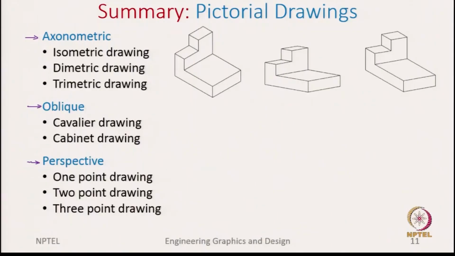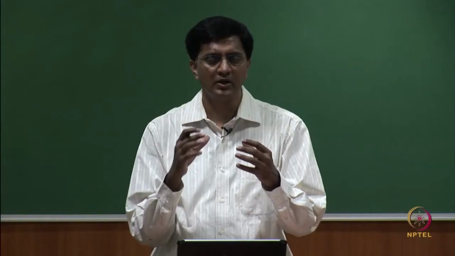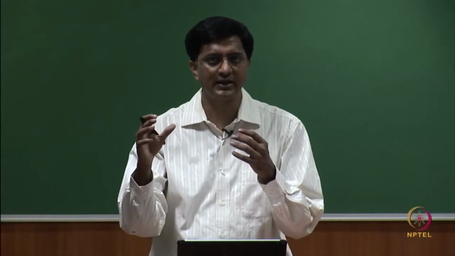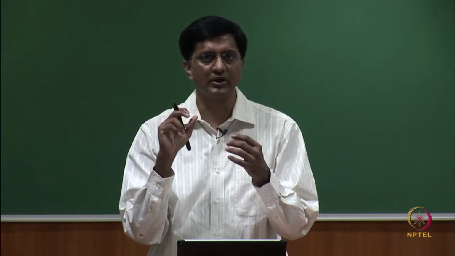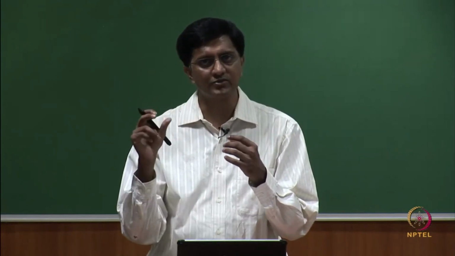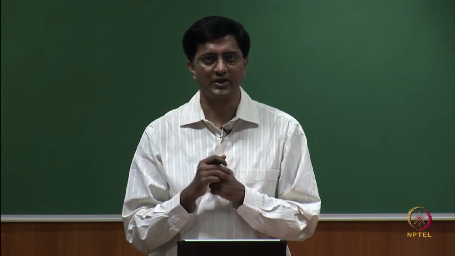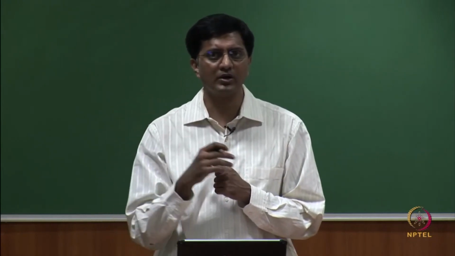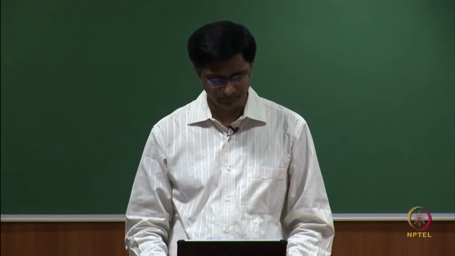In oblique again we said we have two categories, the cavalier drawings and the cabinet drawings. The basic difference between them is how you capture the receding axis or the third axis. If you capture the full scale, we call it a cavalier drawing, and if we only capture the half size, then we call it a cabinet drawing, and the cabinet drawings are more realistic compared to the cavalier drawings.